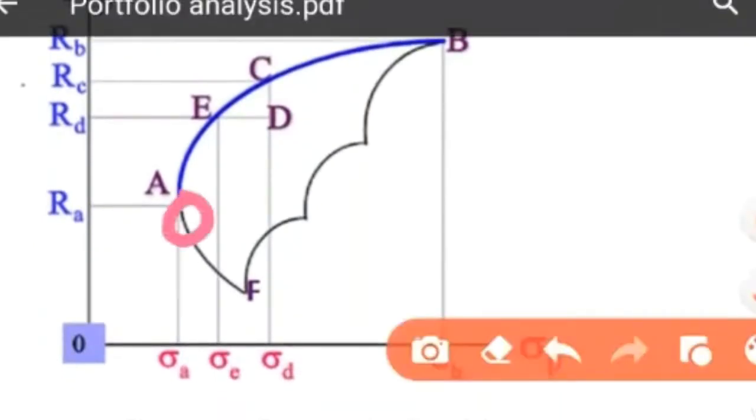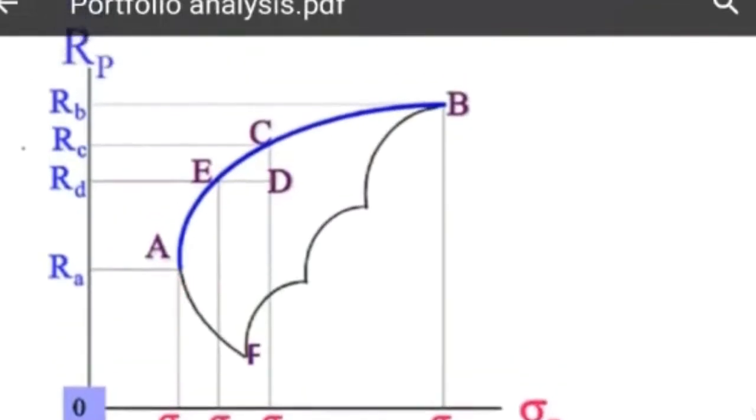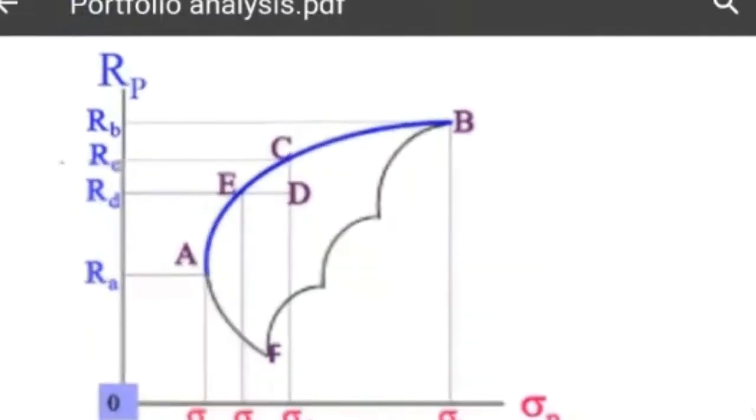This dot in the risk return space is called the A portfolio. Again, the next portfolio has an expected return of 5.01 and standard deviation of 4.05. Again, we will plot that in the risk return space and we will get portfolio 2. Like that, in this example, they have given 1, 2, 3, 4, 5, 6 portfolios, and they have plotted the 6 portfolios in this risk return space.